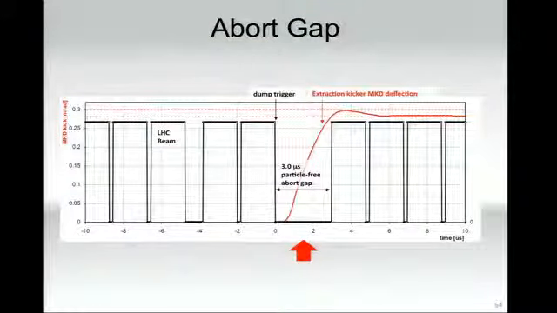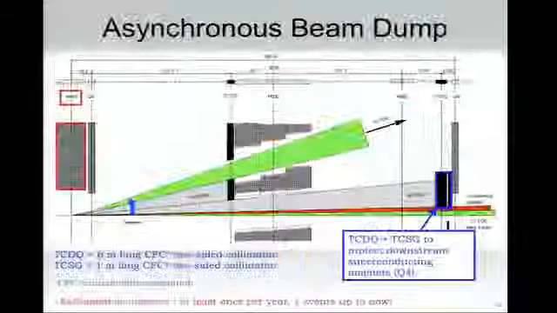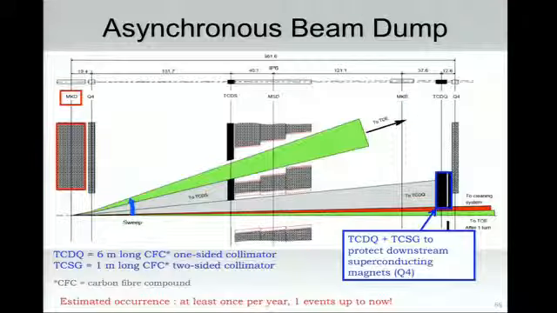Okay, we've got an abort gap of 3 microseconds. The beam dump kickers, the extraction kickers are going to come up to their full value during that 3 microseconds. And we've got a potential issue that if there's a misfire of the kickers, and so instead of hitting the abort gap, it hits the beam, it's going to sweep bunches across the aperture of the ring.